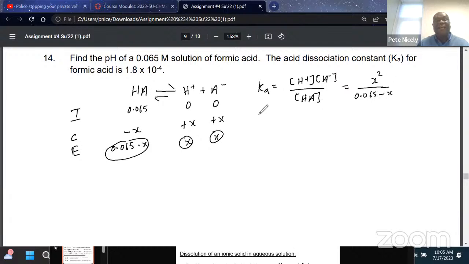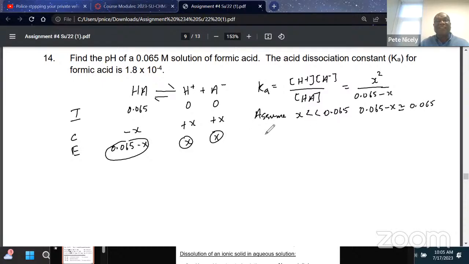So again, if you remember what we did before, we make an assumption, because it's a weak acid, that X is much less than 0.065, which means that 0.065 minus X would be approximately equal to 0.065.